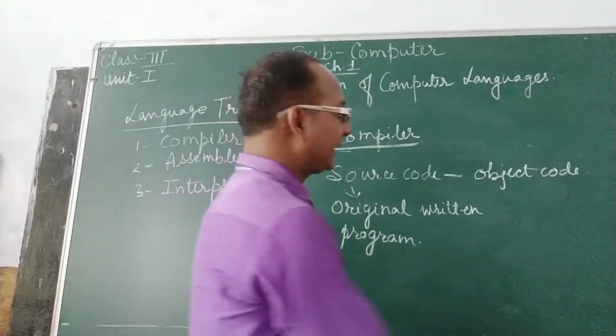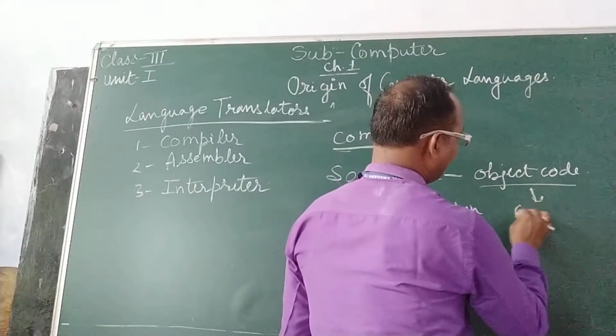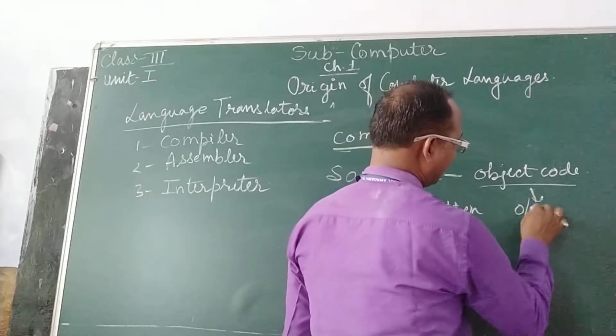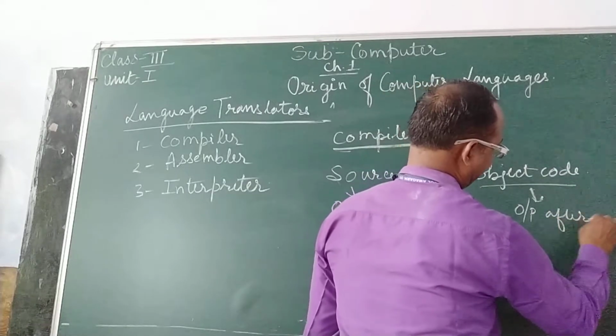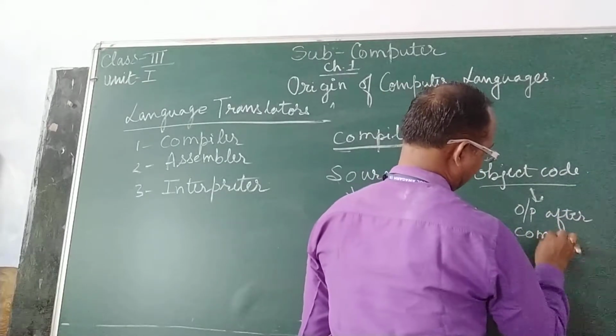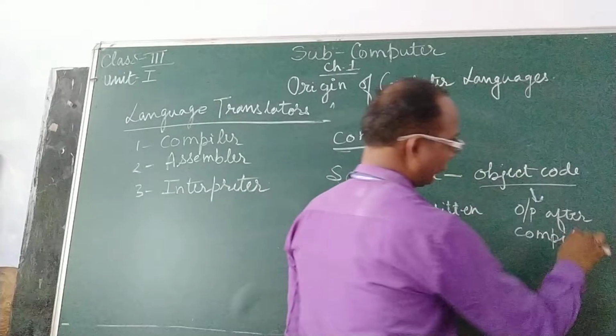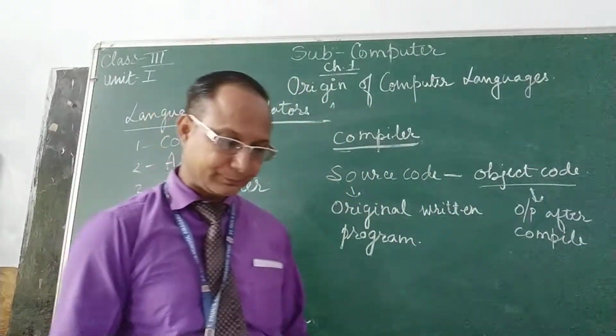And the object code refers to the output after the program is compiled. Okay?